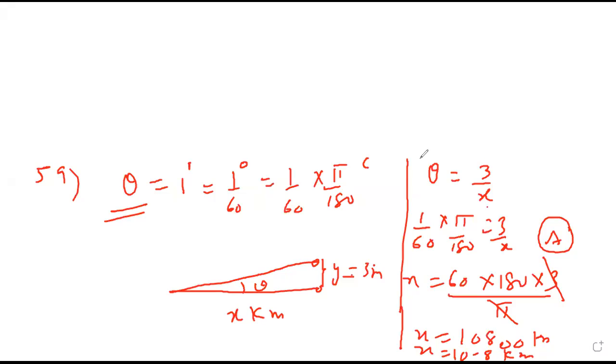Yes, sir. Sum number 60. A window fitted with wire mesh. There is one window fitted with wire mesh, at distance 200 meter, viewed with the help of a telescope.